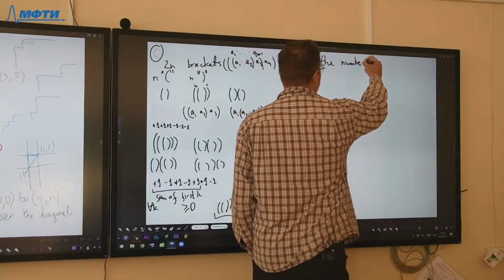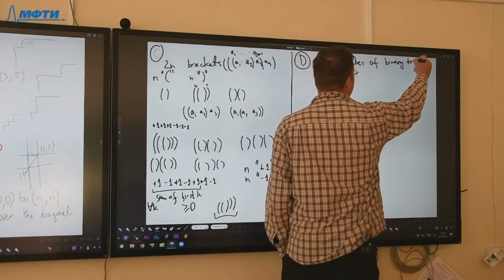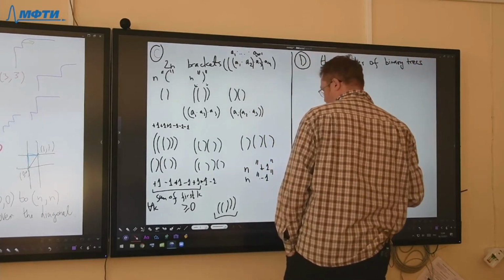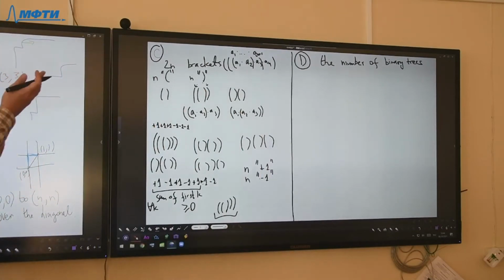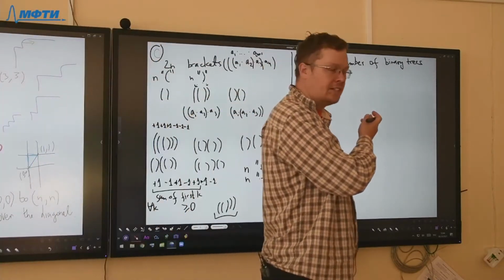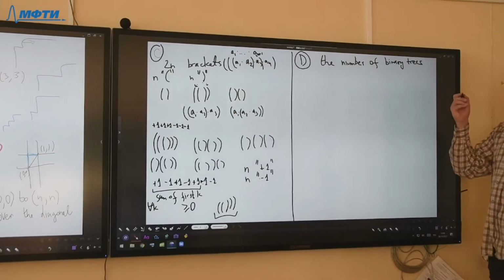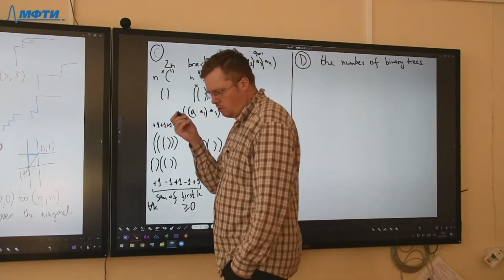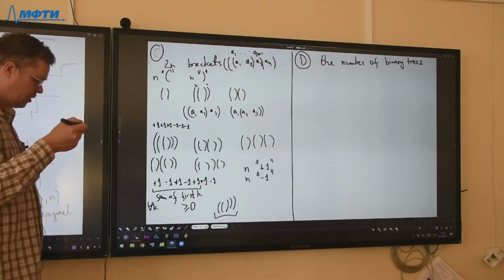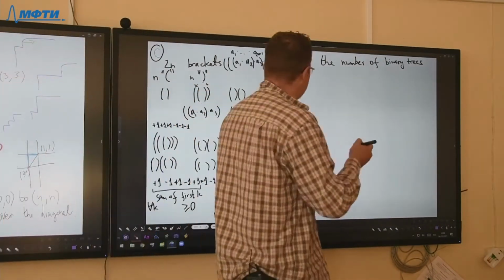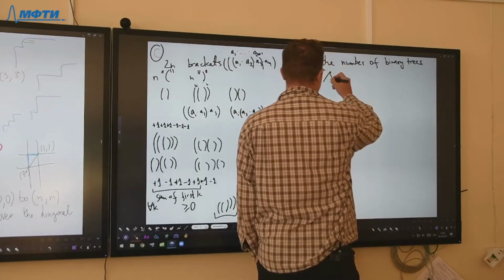The number of binary trees. So you know what a tree is, yes? And binary means that you start from the root, and then we have only 2 edges going from the root.